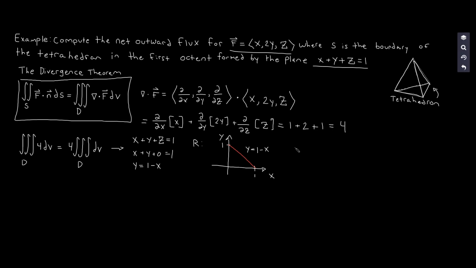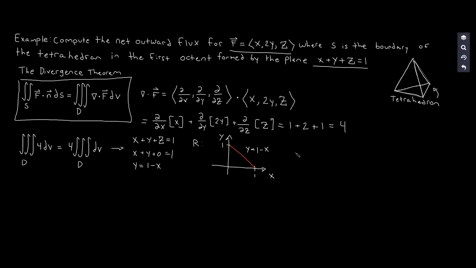So I can set up the triple integral, since I know z goes from the first octant, which is given to me. That's where z is 0, all the way up to the plane x plus y plus z equaling 1, which is the top of my surface.